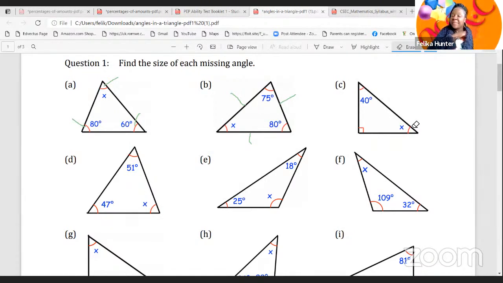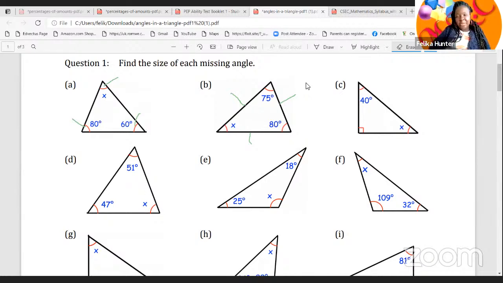And what is a 7-sided figure called? Yes, Natasha, it's a heptagon.